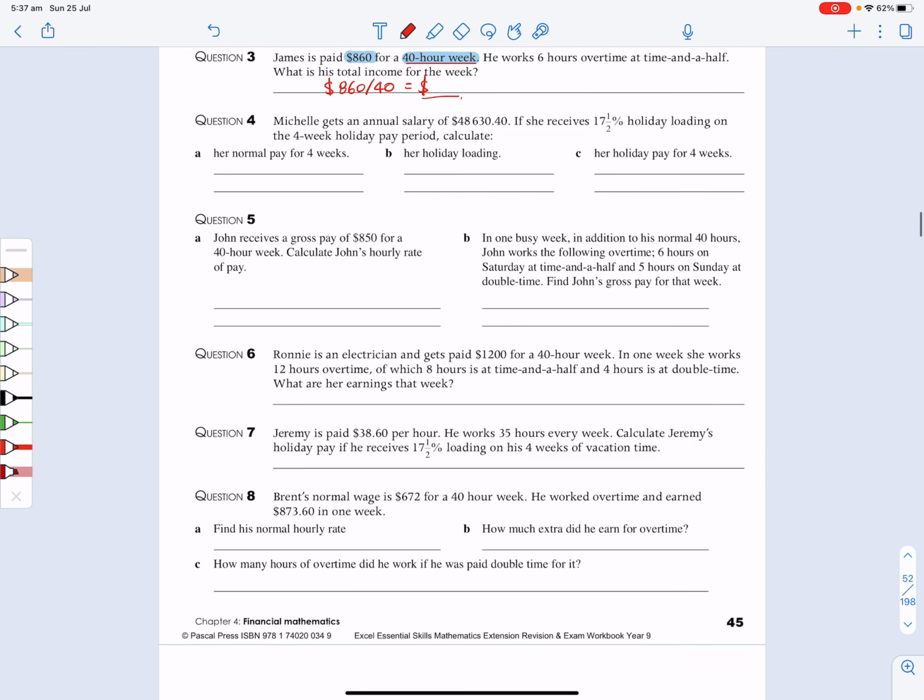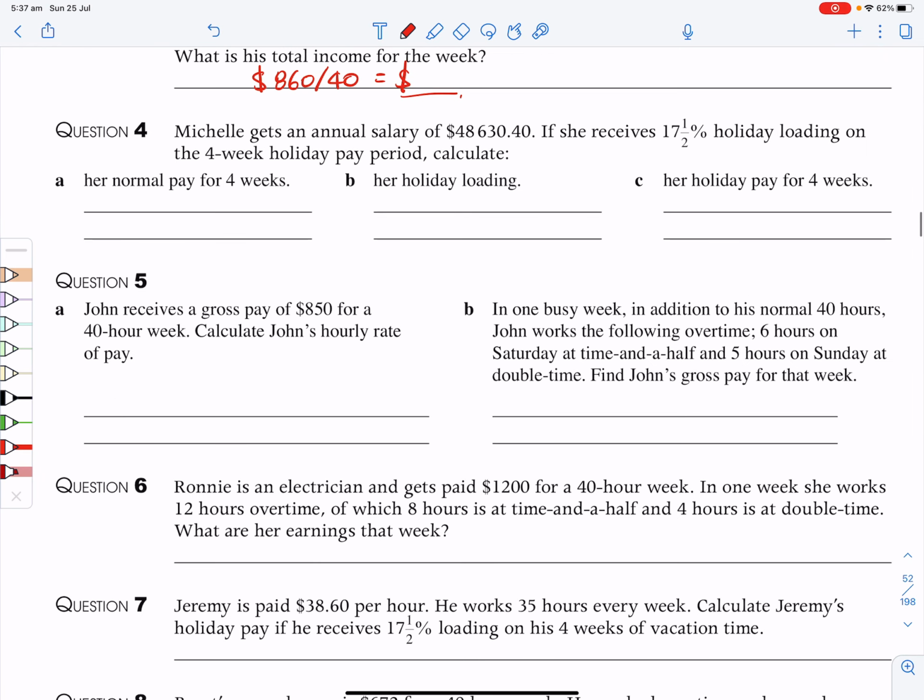Michelle gets an annual salary of $48,630.40, and now she receives 17.5% holiday loading on a 4-week holiday pay period. Let me explain holiday loading to you.